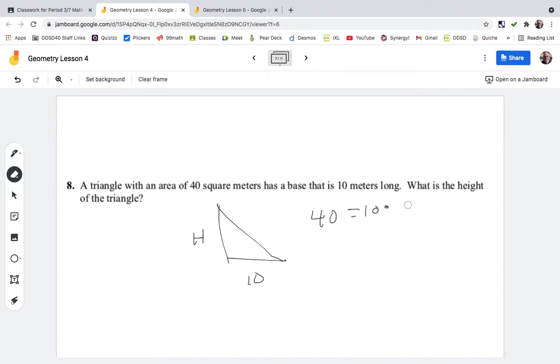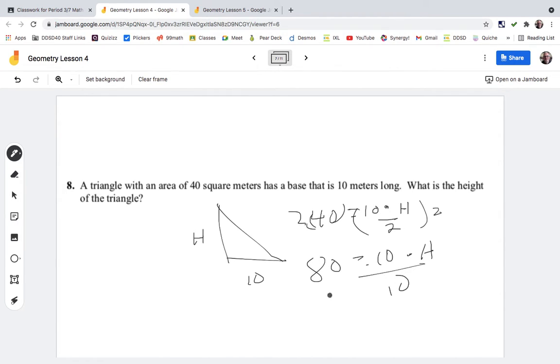So base times height divided by 2. So if we multiply both sides by 2, we get 80 is equal to 10 times h. Divide by 10. H is equal to 8. So that would be 8 meters.